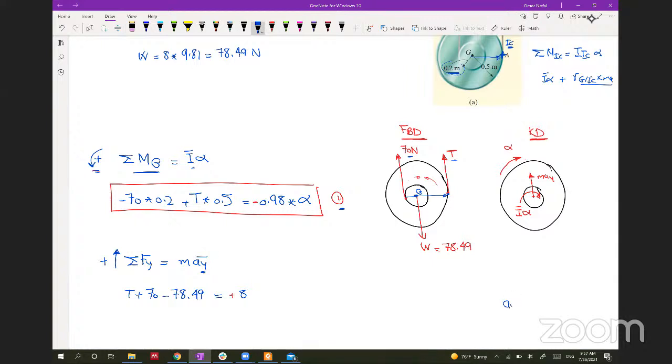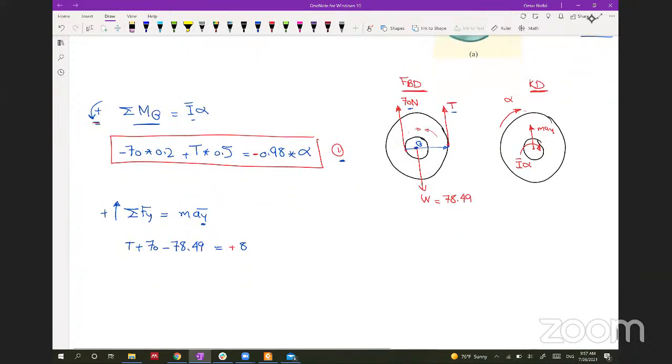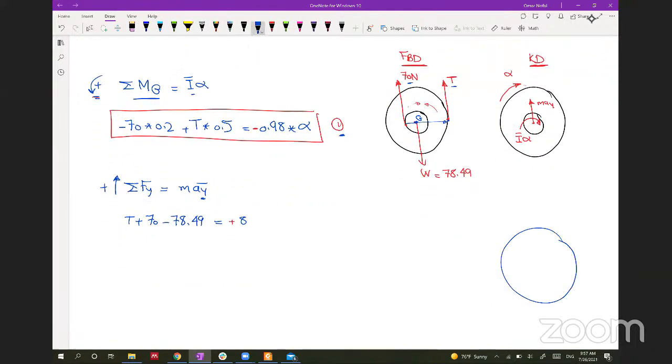So we know that if we have a body like this, and this is an instantaneous center, and we know that this body is moving this way, so this will be the A tangent, which is AY, and it will be equal to alpha of the body crossed by RG with respect to the instantaneous center.